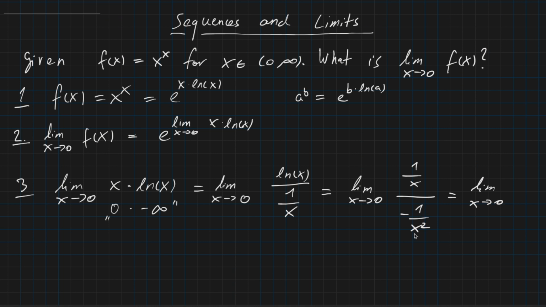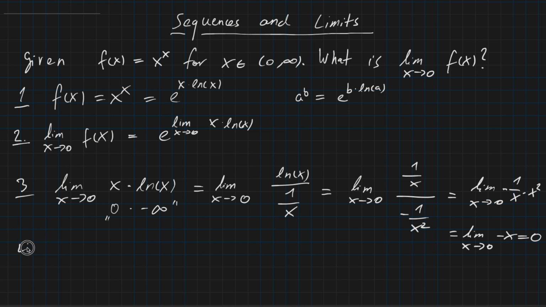Just switch them and multiply with the numerator, and then we have 1 over x times x to the power of 2, and this equals just minus x. Firstly, this equals the limit where x tends to 0 of minus x, and this is exactly 0.